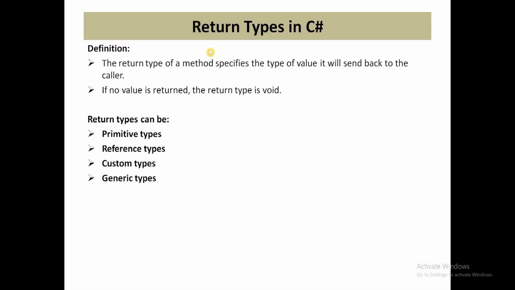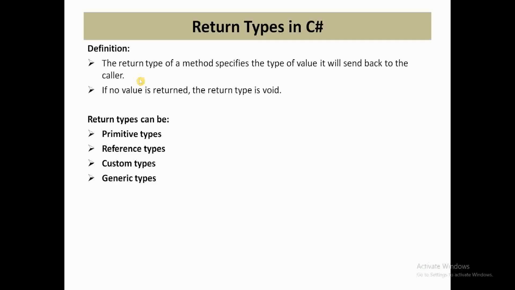Next we have the return types concept. The return type of a method specifies the type of value it will send back to the caller. Return type is like, if we declare any method, which kind of value we want to return. In return, like integer value, string value, boolean value, or a list type of value, any kind of value we can return from any particular method.